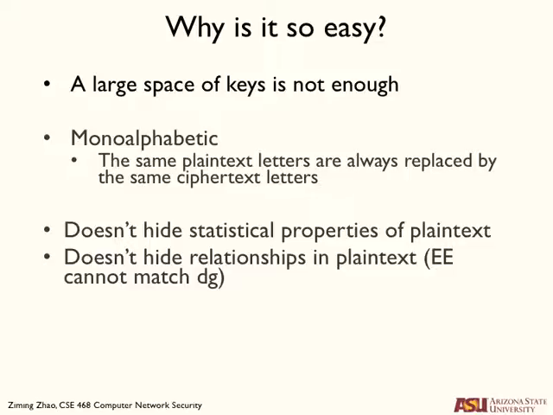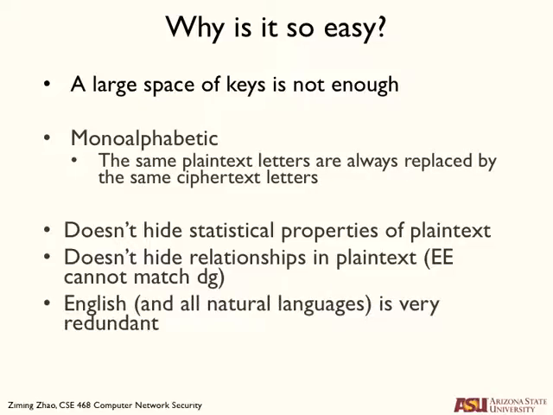So E will always be replaced by the same fixed character. So if we have two E's together, they will not be mapped to two different letters. It will always be the same. So actually, it's also because English itself is very redundant. Because of redundancy, we have a different frequency for different letters.